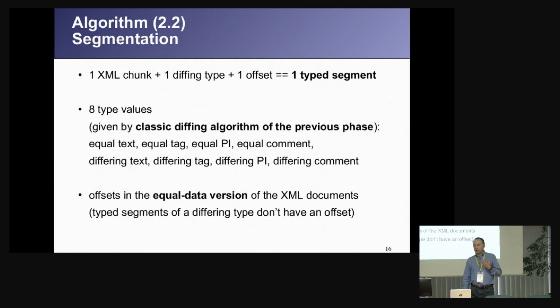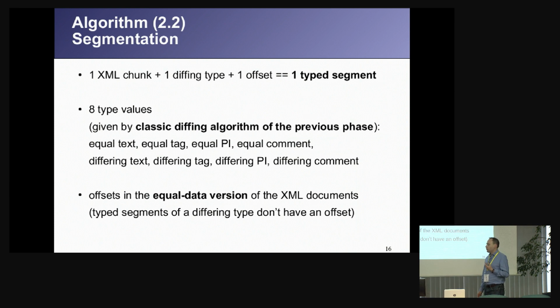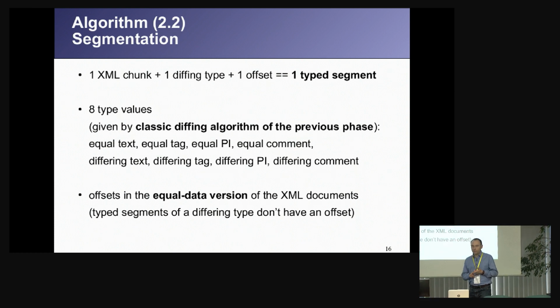After parsing, we want to do segmentation, which means taking each of the XML chunks and associating it with a diffing type and an offset. We call that a typed segment. Type is a word that does not mean as much as it does, for example, for the XDM data model. It's very simple.